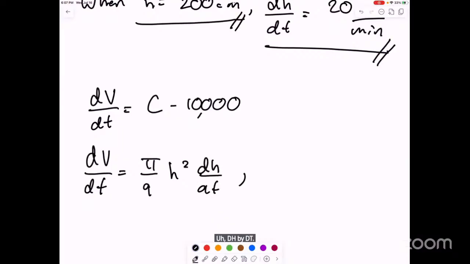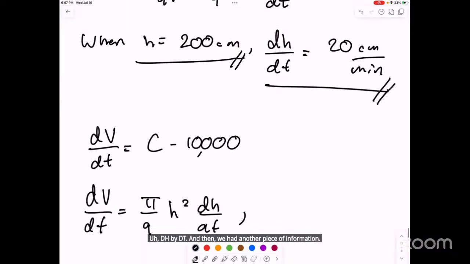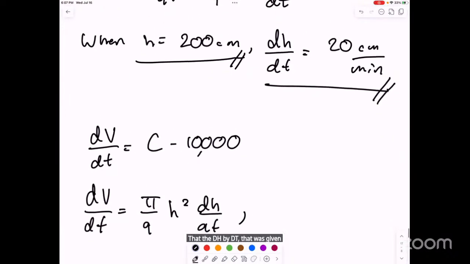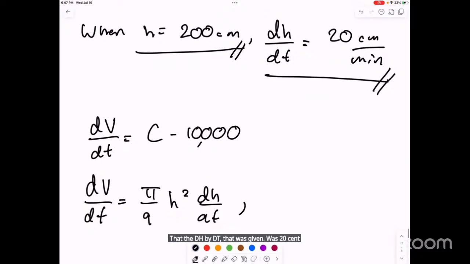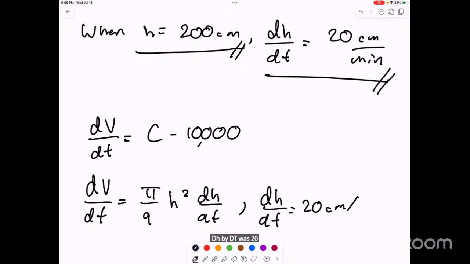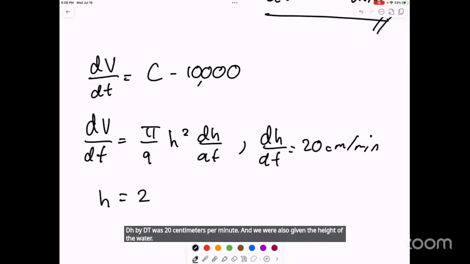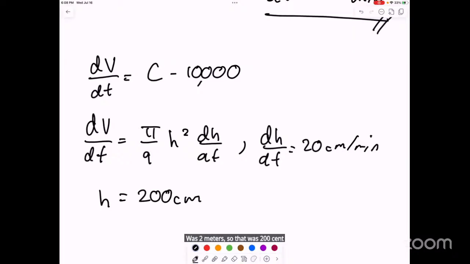And then we had another piece of information: dH by dt was 20 centimeters per minute. And we were also given that the height of the water was 2 meters, so that was 200 centimeters. Okay, I think those are all the parts.